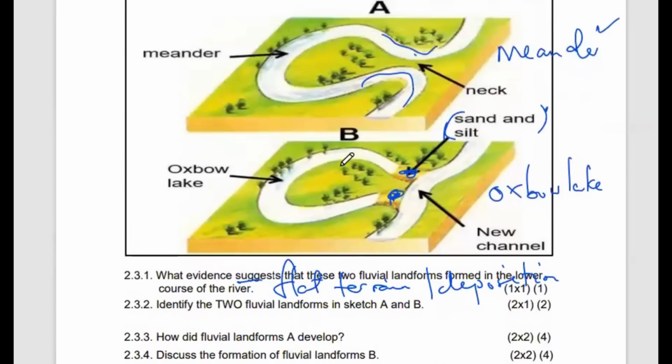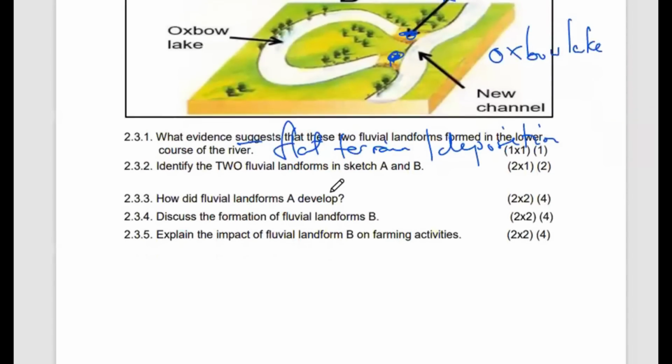We are looking at the meander. How did fluvial landform A develop? How does a meander develop? Right. Let me just summarize it like this. There is flatland, which leads to less velocity.